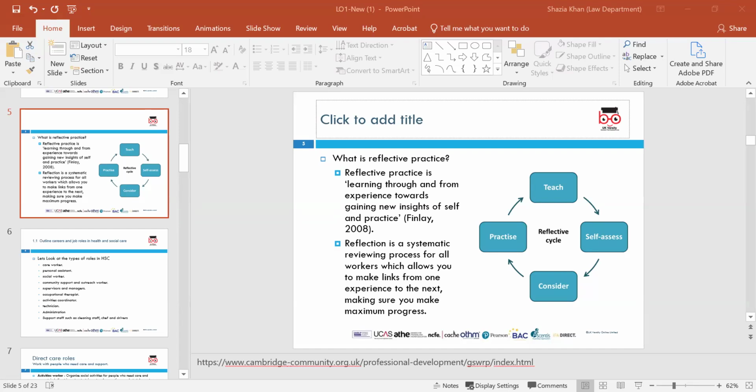So if you reflect on something, maybe a system within the health and social care setting that identifies all the patients, and you're not trained, would you ask for training to use that new system? Yeah, of course you would, because nobody is above that. You're reflecting, saying you can't do that, you need help. So that's CPD in itself.